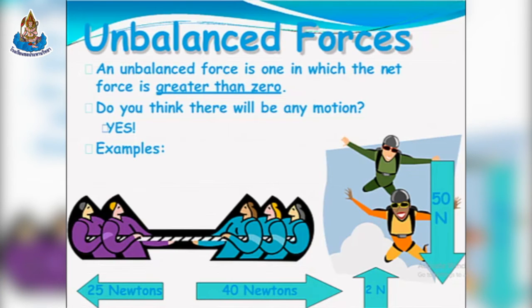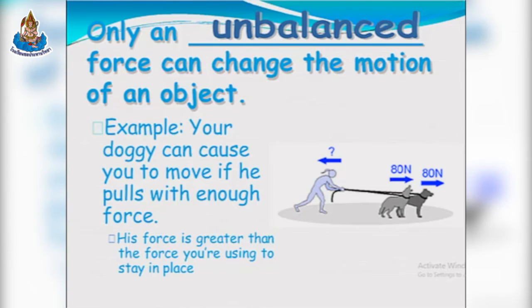Here, gravity is pushing them down with 50 Newton, while the other force is 2 Newton. What do you think will happen? Will they go up or will they go down? Of course, they will go down because more force is pushing them down. So what do you think is the net force? We'll simply subtract. 50 minus 2 will give us 48 Newtons.